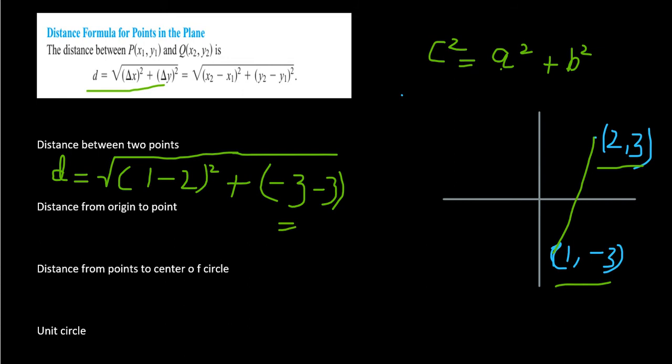It will become as minus 1 plus minus 3 is equal to minus 6, and after squaring both delta x and delta y values, we will get the distance.